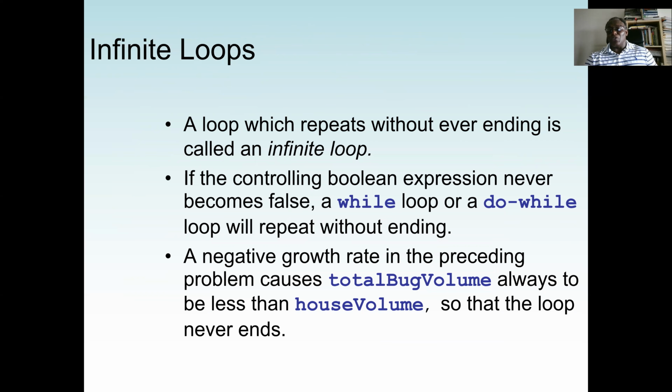So if there's no false and the condition is always true, then the loop will keep executing. So here we say that if the controlling Boolean expression never becomes false, a while loop or a do while loop will repeat without ending. A negative growth rate in the preceding program causes the total bulk volume always to be less than house volume. So this is an example which shows that the loop never ends.